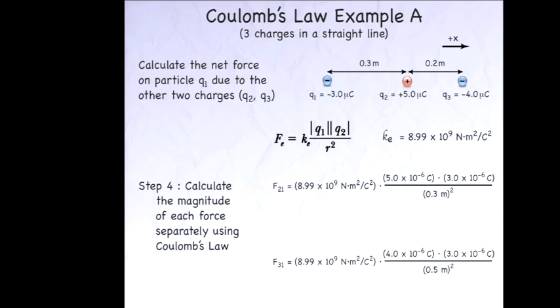This is not going to give me a direction. It's going to just give me a magnitude. And now the distance between here and here, we ignore this one being there. That's just 0.5 meters apart. So we square that. Okay, and we plug into our handy calculator, and we get the two forces, 1.5 newtons and 0.43 newtons.